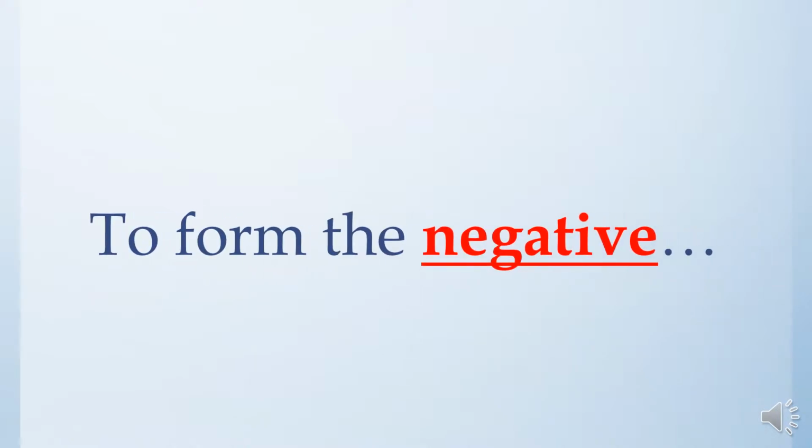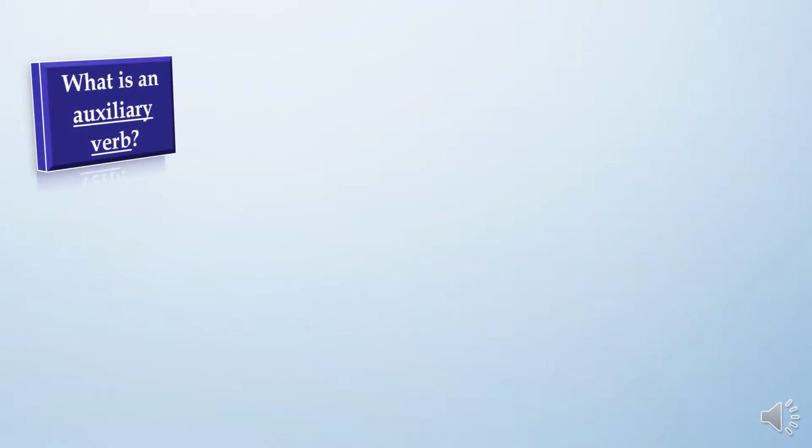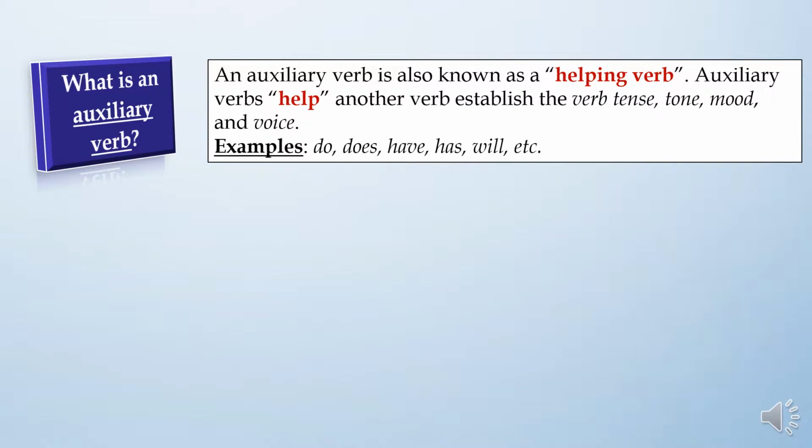So, to form the negative of the simple present tense, first, you have to know what is an auxiliary verb. An auxiliary verb is also known as a helping verb. Auxiliary verbs help another verb establish the verb tense, tone, mood, and voice.